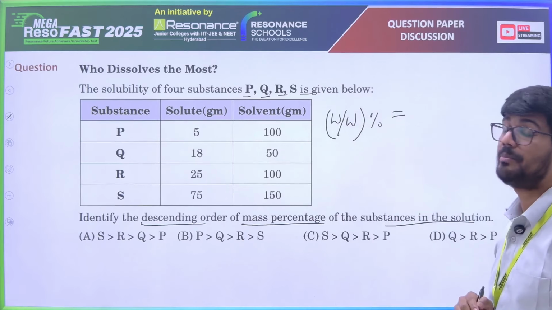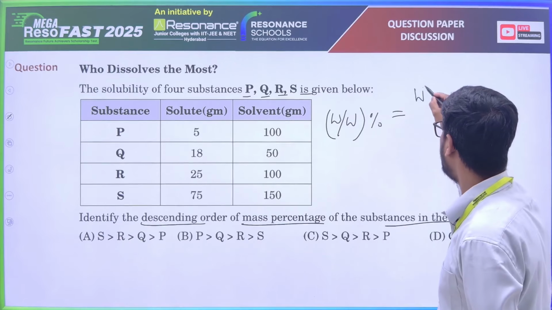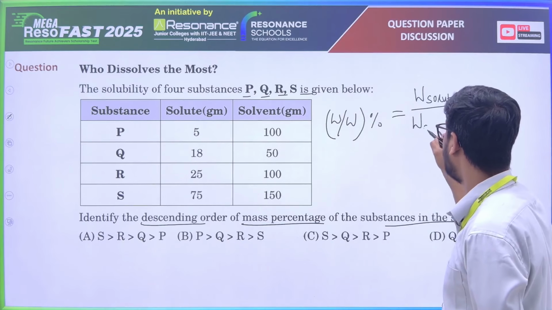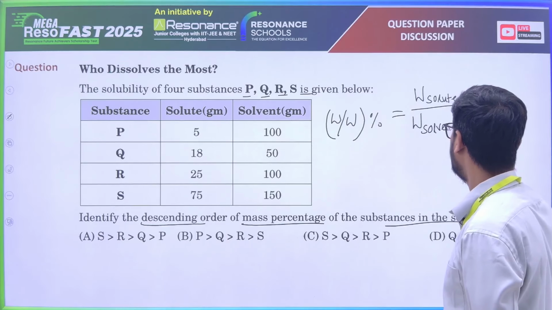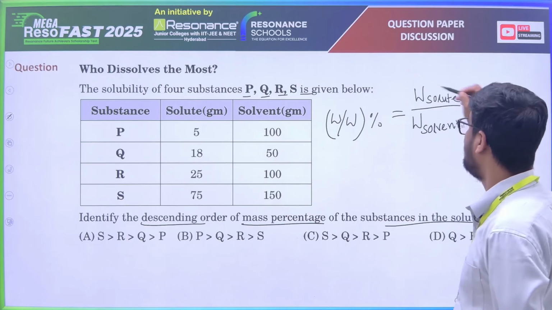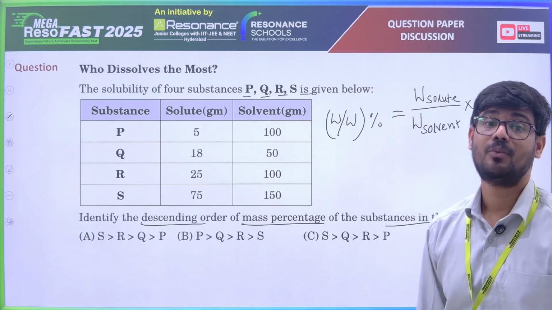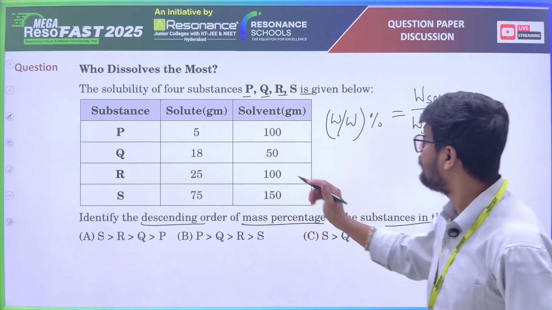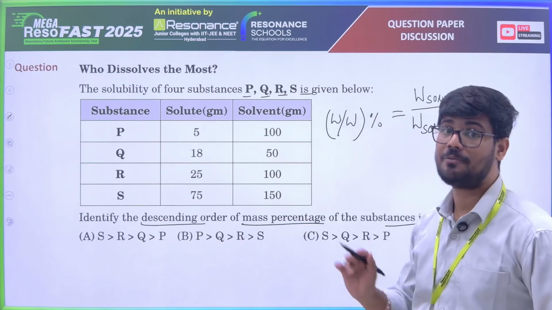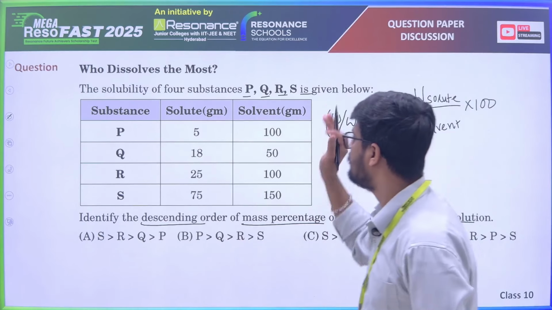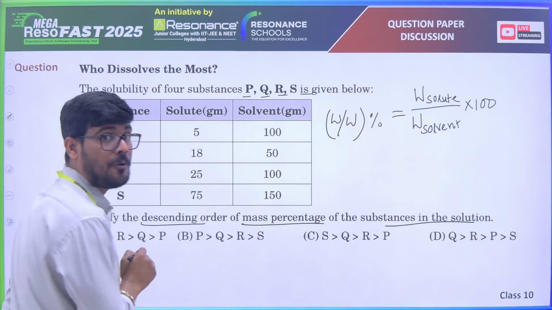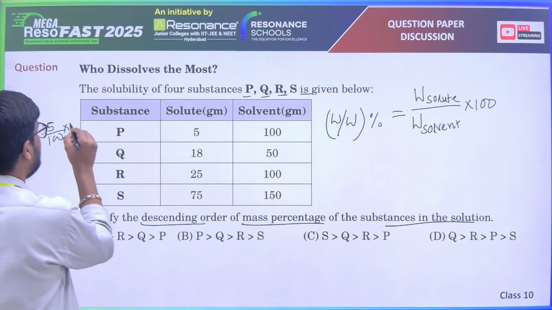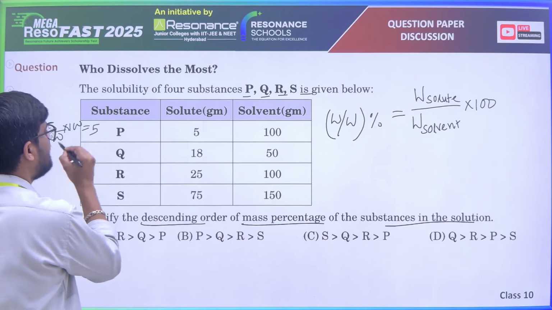W by W percentage means weight of solute divided by weight of solvent into 100. It gives you weight by weight percentage or mass percentage. Now for each and every substance we have to calculate this. For P: 5 by 100 into 100, which gives 5%.